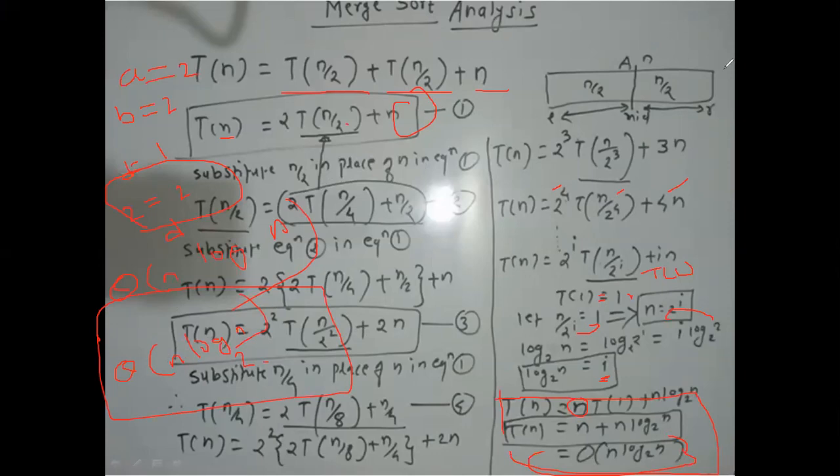So this is about merge sort using the divide and conquer technique. Here we are dividing the problem into subproblems, then finding the solution to the subproblems, and finally merging the subproblems. Then we get the final value, that is the solution to the given problem.